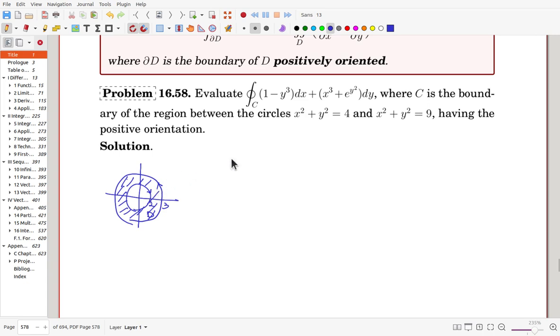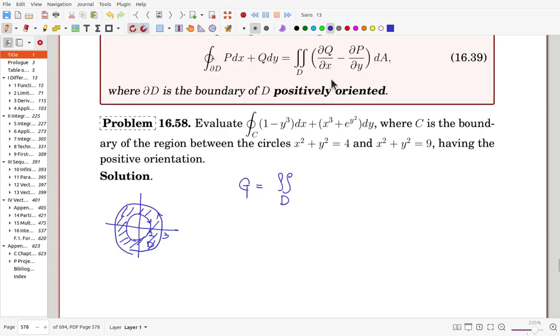Okay. Now, so the given integral is the same as the region integral over D, and we are using this formula, Q sub x minus P sub y. That's Q. The x derivative will be 3x squared, and minus, okay, now for this one we apply the y derivative, then that will be minus 3y squared, right, and dA.